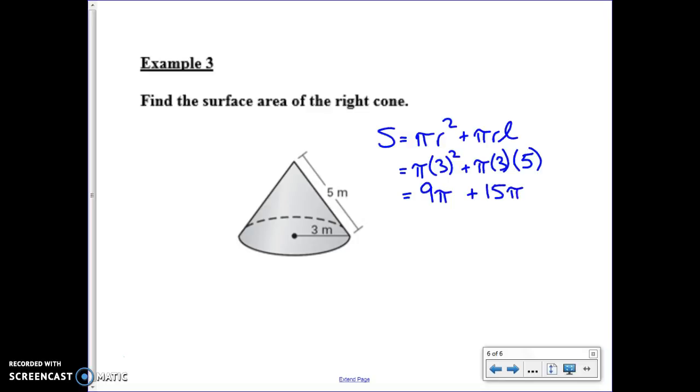So 9 pi plus 15 pi would be 24 pi. That would be an exact answer, meters squared, or if it wants an approximate, I would do 24 times pi, which would be 75.4 meters squared.